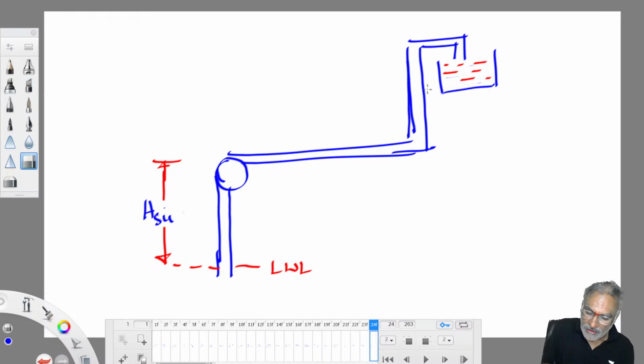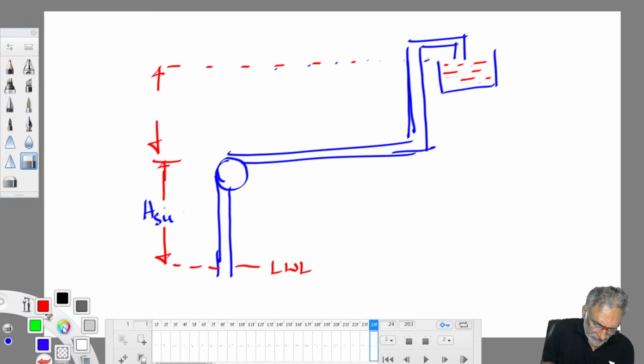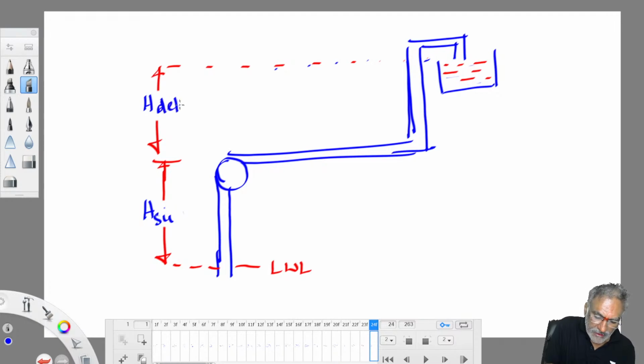Then pump level to highest level at the reservoir is called H delivery, delivery head. Not dynamic, delivery. Then head loss due to friction is called dynamic head.